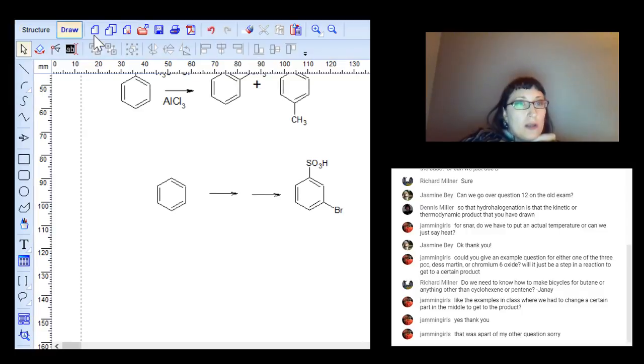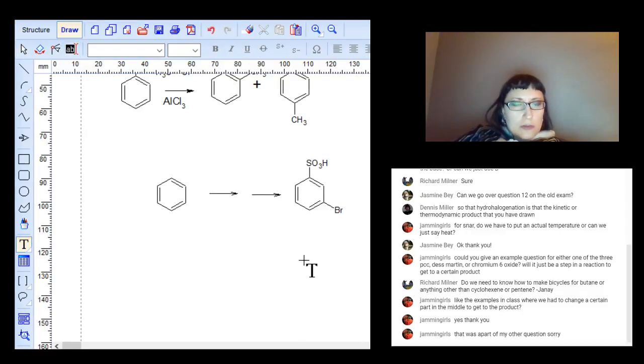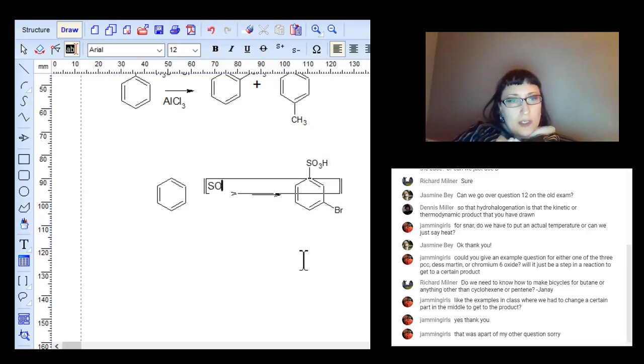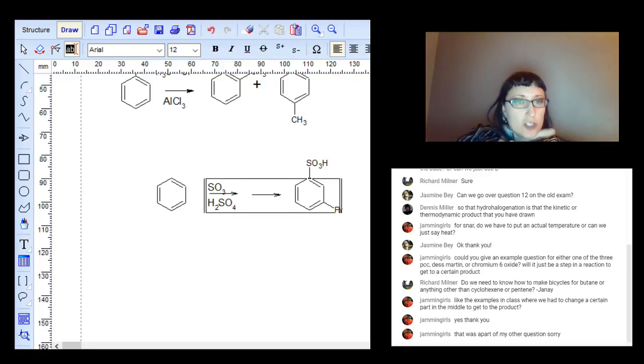SO3 and H2SO4 are generally what you would use for the first reaction.